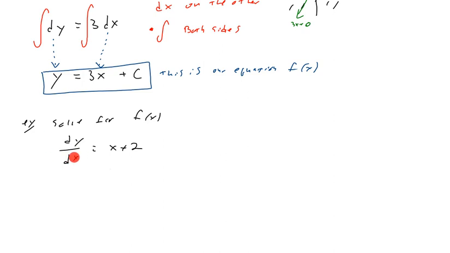So the dx goes with the x's, dy goes with the y's. Move the x's and the dx's together, and if there's any y's, move the y's and the dy's together.